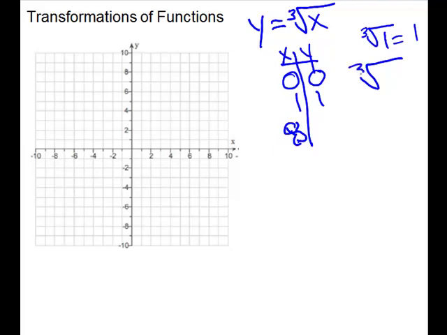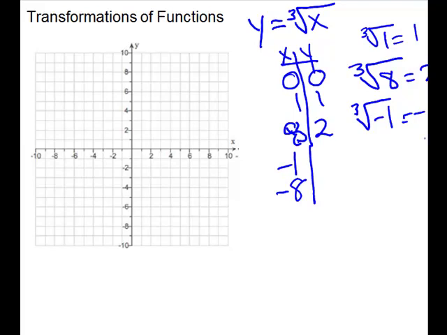The cube root of 8 is 2. Now, you can choose negatives for a cube root. So let's choose -1 and -8. So cube root of -1 is -1, and cube root of -8 is -2.